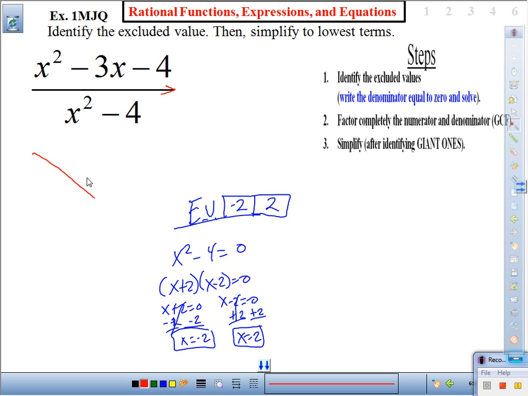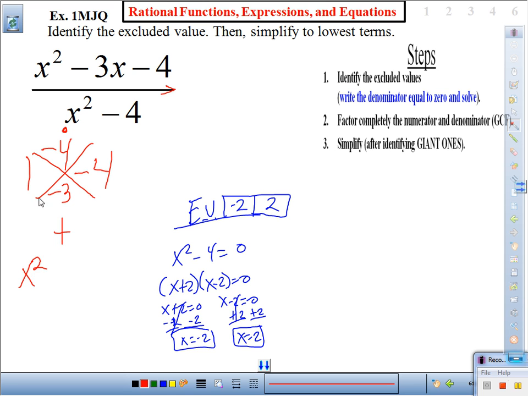The Power Ranger thing. We got negative 4 and negative 3. Factors of negative 4 that add up to negative 3. 1 and negative 4. That is correct. Thank you, Kenzie. So let me rewrite this.